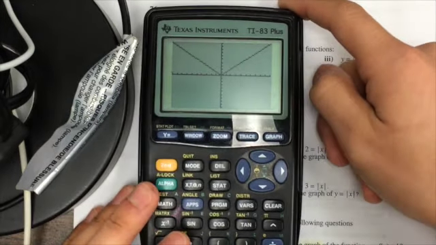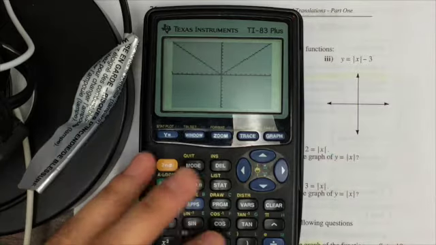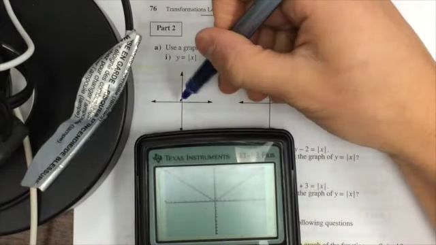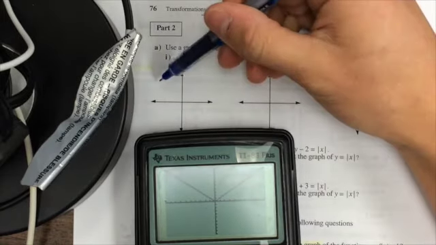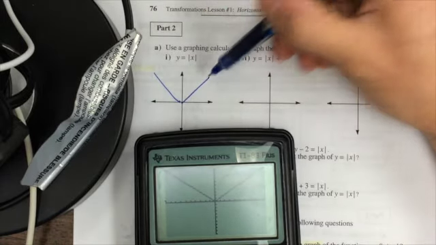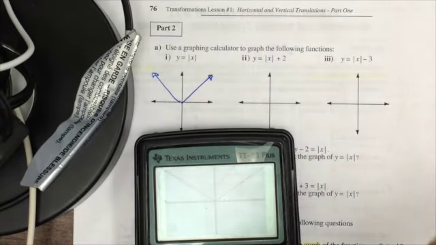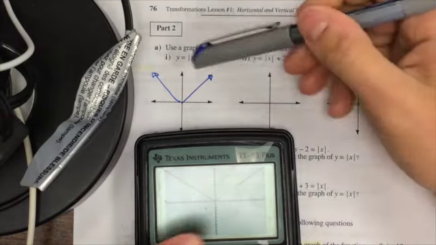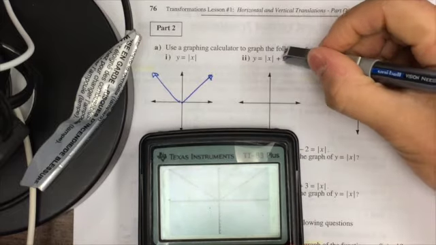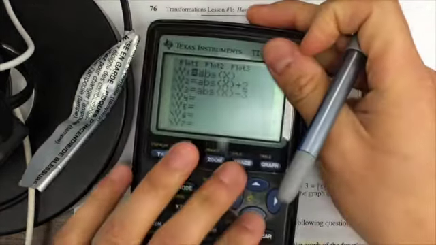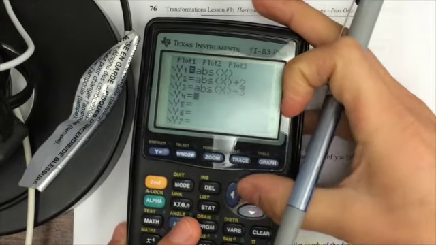I've already put the equations in, but I don't have a bullet, so they're not going to show up. Now this is something that you should just know, what your absolute value of x looks like. Okay, so it just looks something like that. And what do you think is going to happen when I add 2 to my absolute value? Well, I'll do both of these simultaneously.